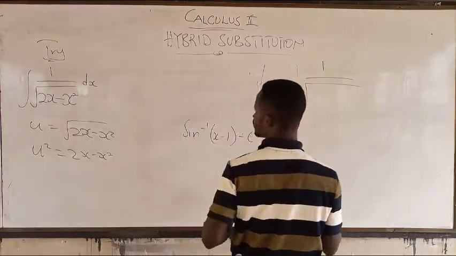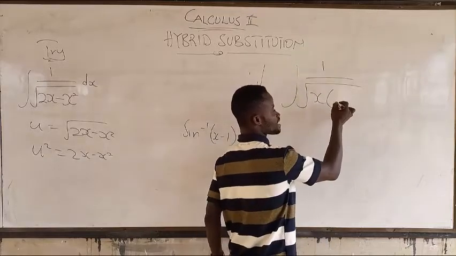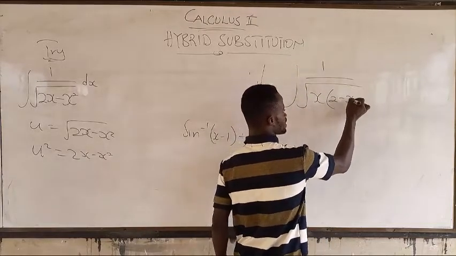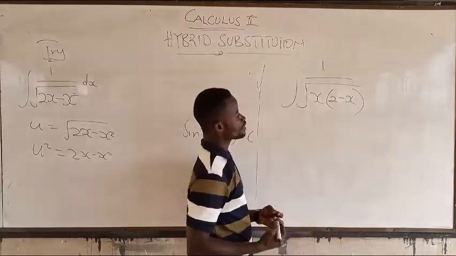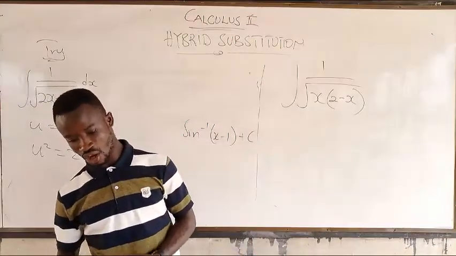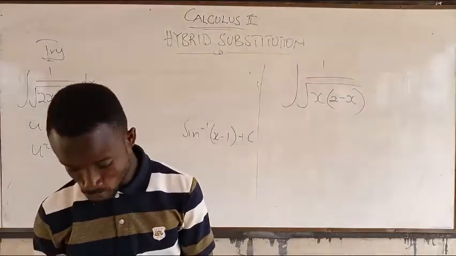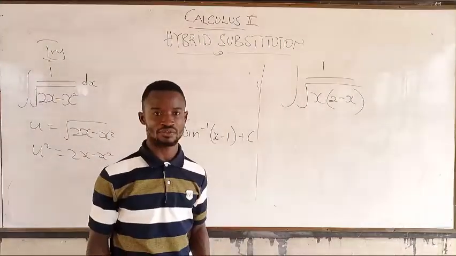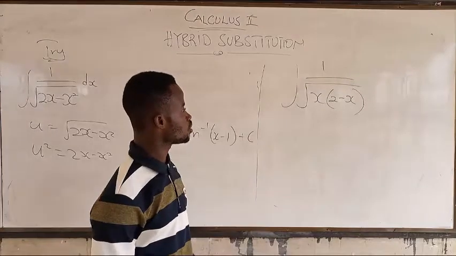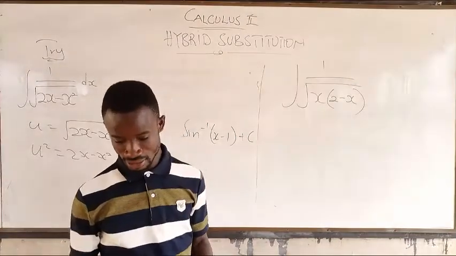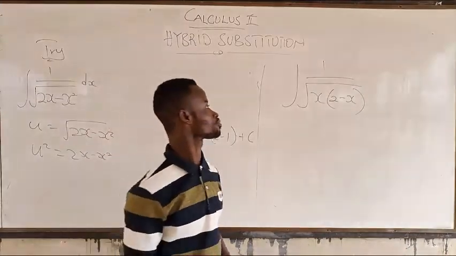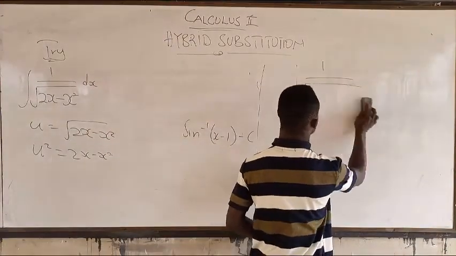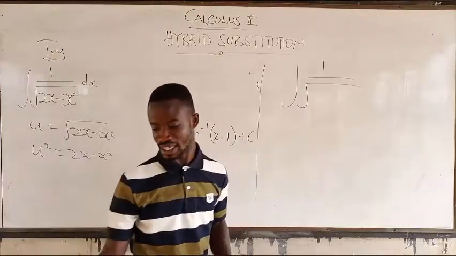Even if you factor x out, you get 2 minus x. And with this, you still can't solve it by u substitution. So the only thing that you'll be left to do is to pick the inside.